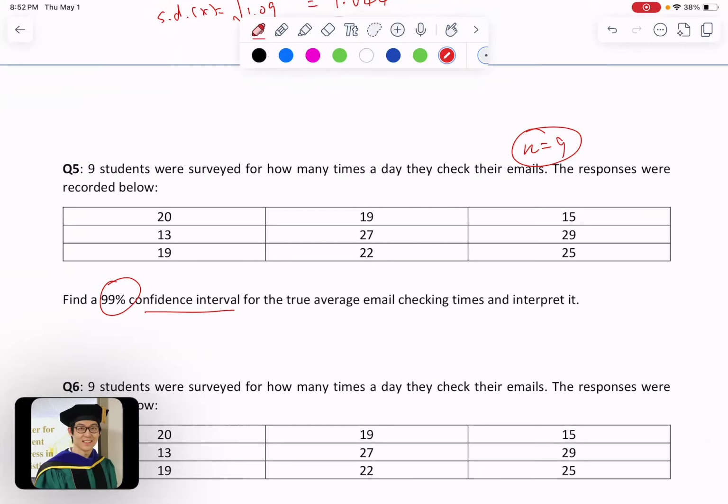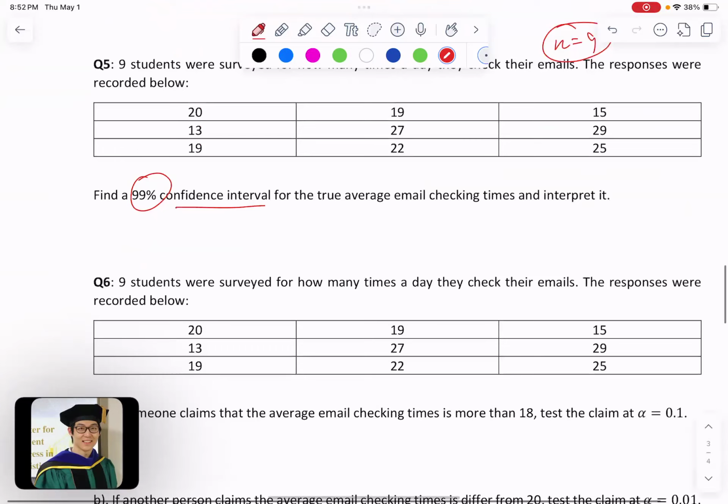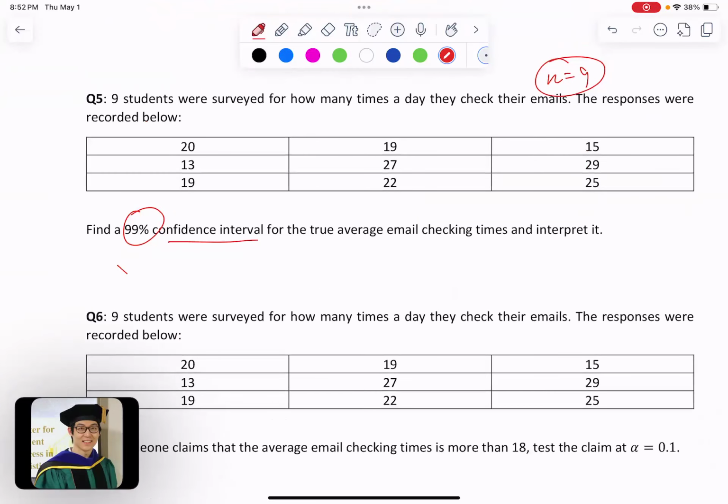So what do we have? We just have data, right? So we have to calculate x bar, which is sum of x over n. So that's 20 plus 13 plus the last one, 25, and then over 9, right? So we're going to use calculator to get this calculated. 20, 13, 19, 19, 27, 22, 15, 29, 25.